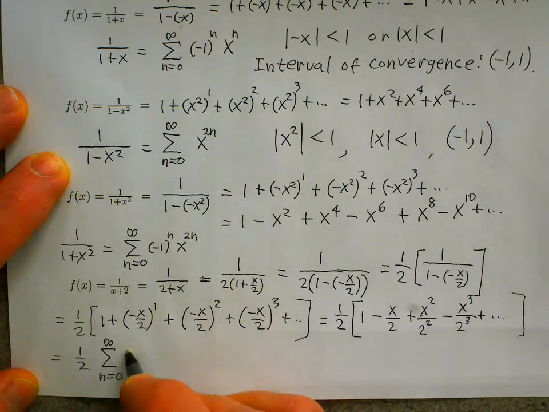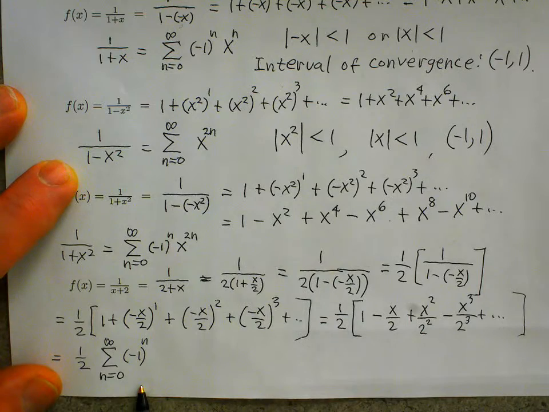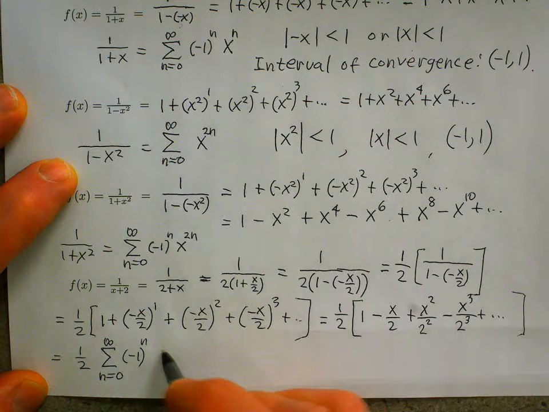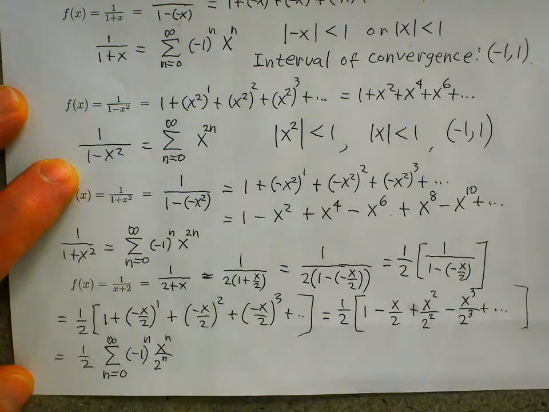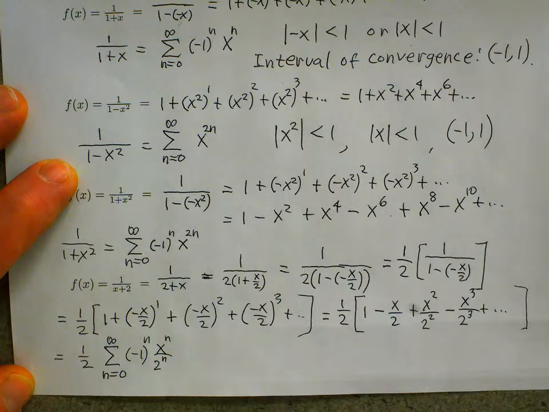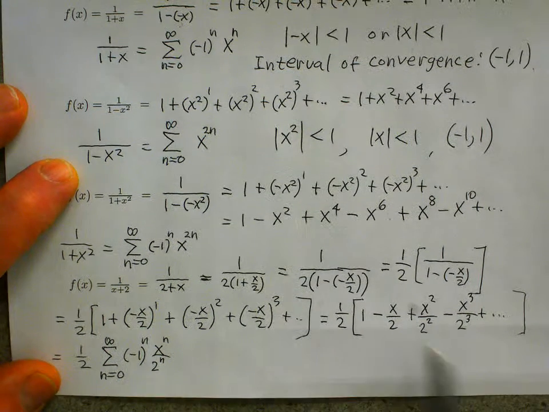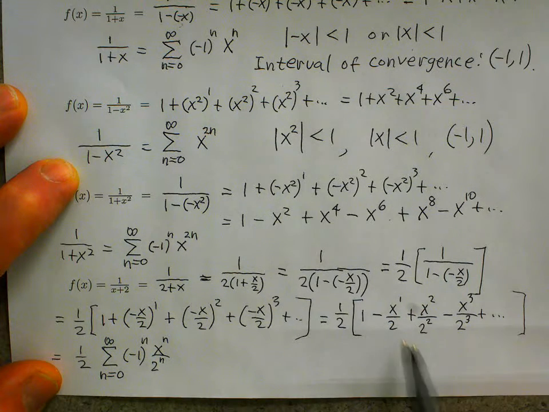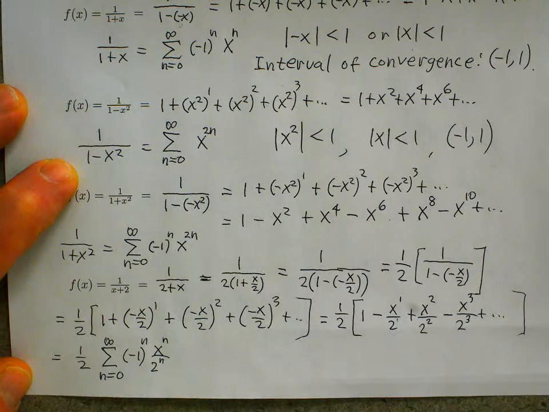So we have to have a negative 1 to the nth in this case. And what are the terms? Yeah, so x to the n over 2 to the n. You can see that the exponents on x in the expansion match the exponents on 2.